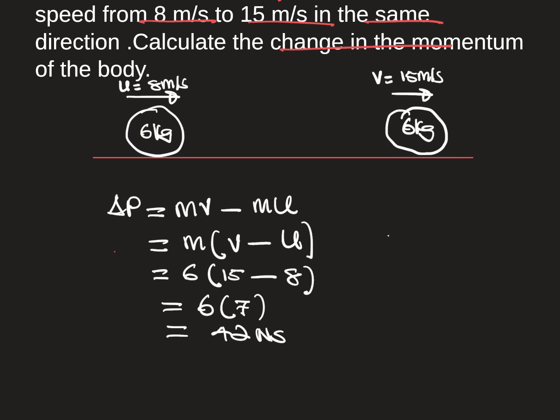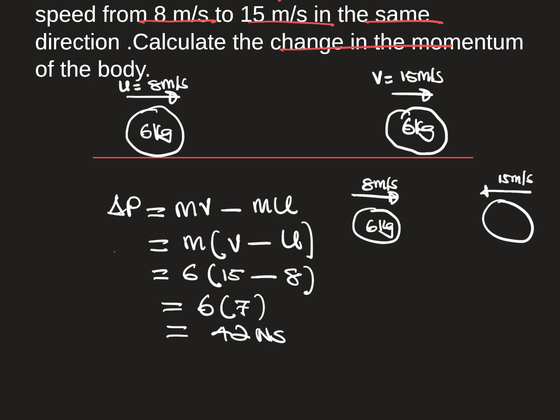But what if the final velocity's direction and the initial velocity's direction were different? What would it have been? To draw the diagram, you have the direction of the initial velocity moving from left to right, and the direction of the final velocity moving from right to left.